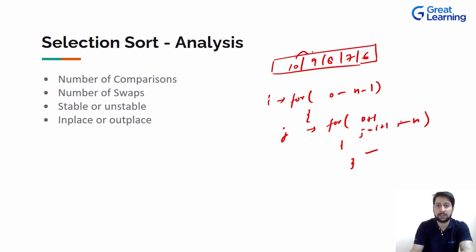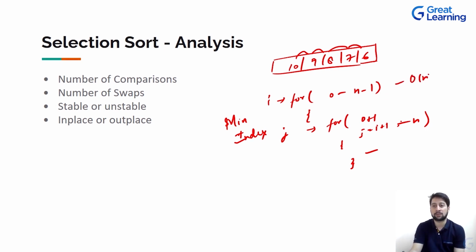So it was compared with this, and this. And we were selecting the minimum index in the entire array. So this was working for n times, and this worked for big O of n times.